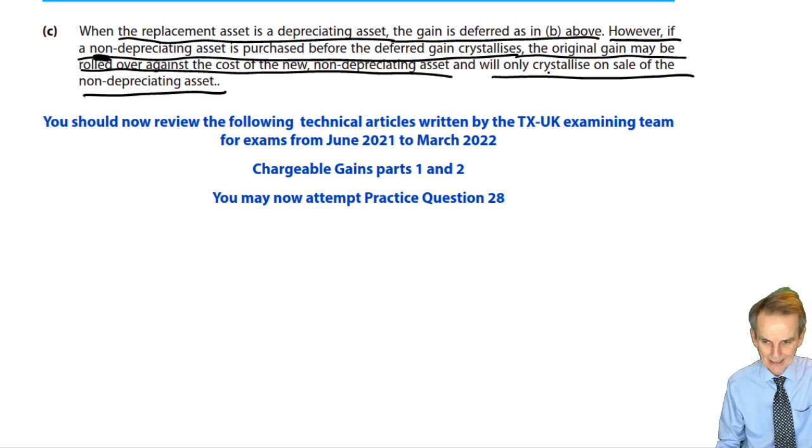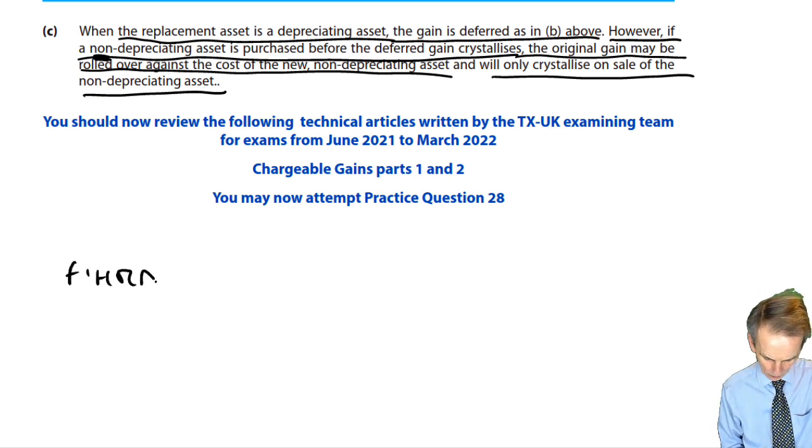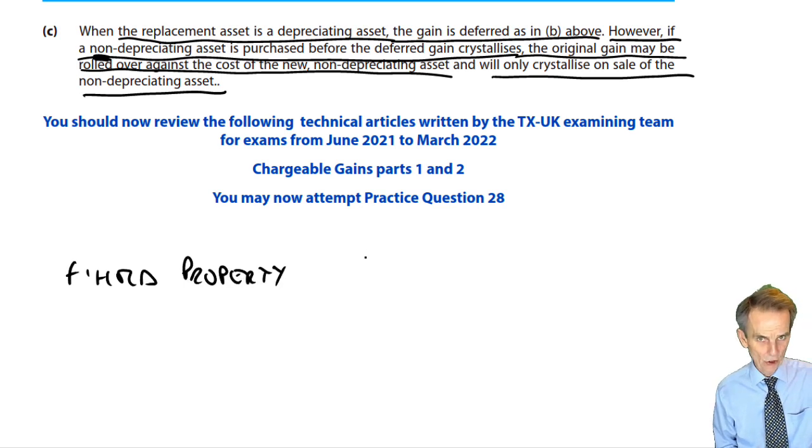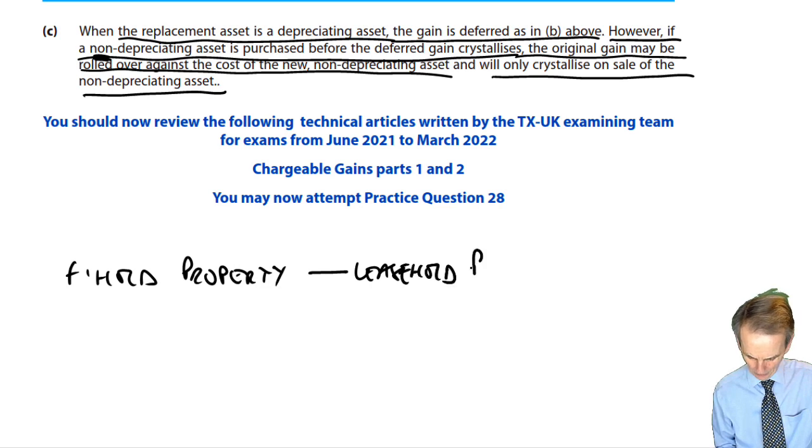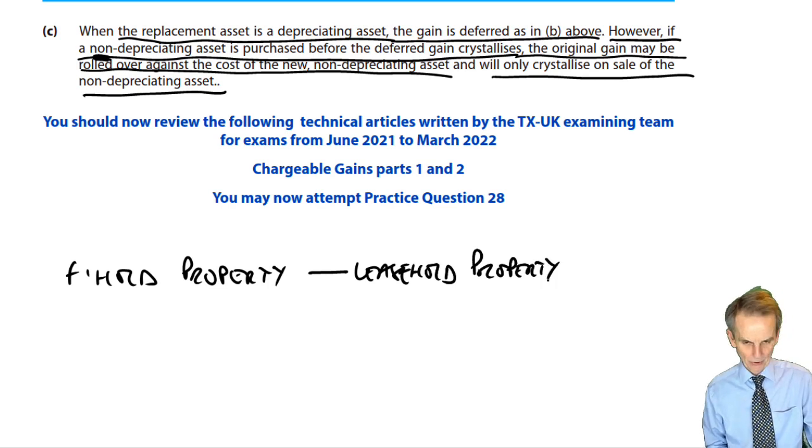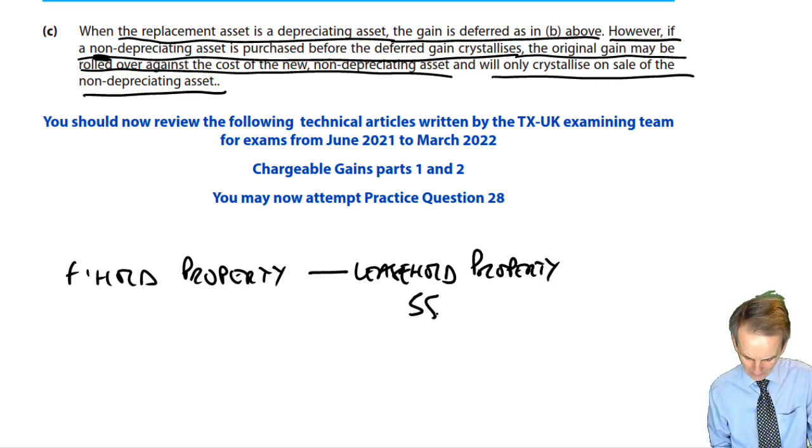Put, I hope, in simple terms, if you had, for example, a freehold property used within the trade, and then it was sold, and you moved into a leasehold property, but that leasehold property was, say, a 55-year lease.